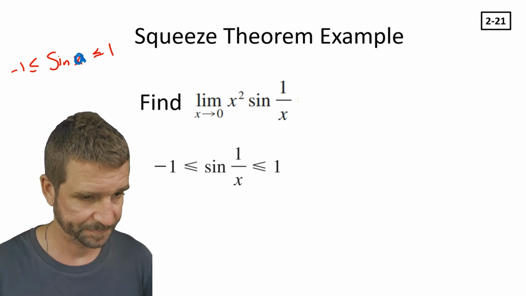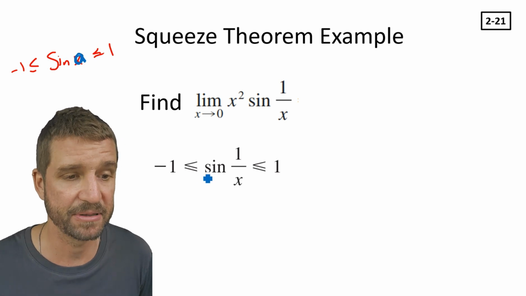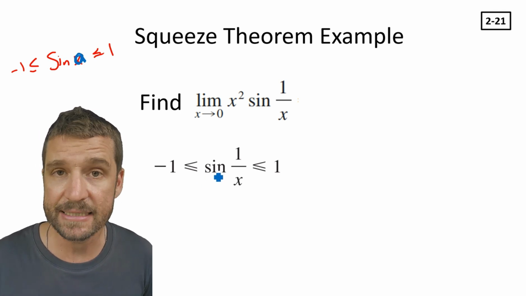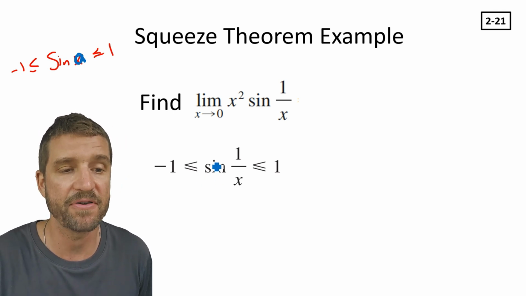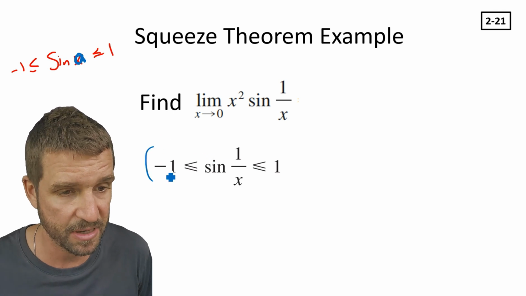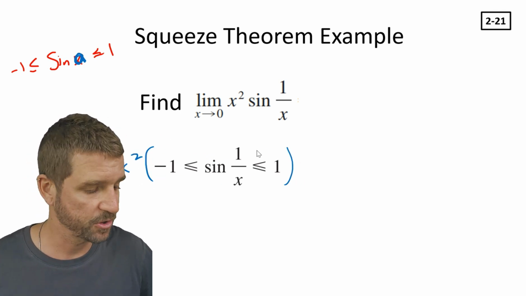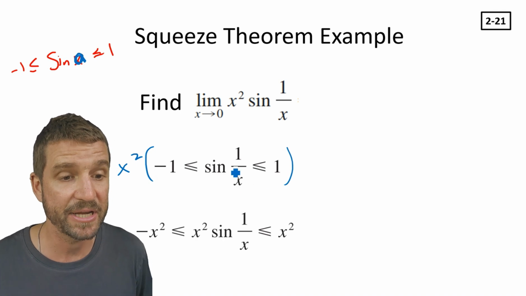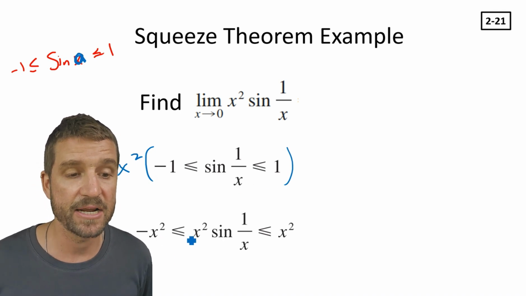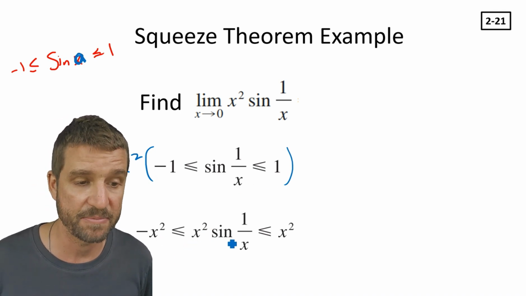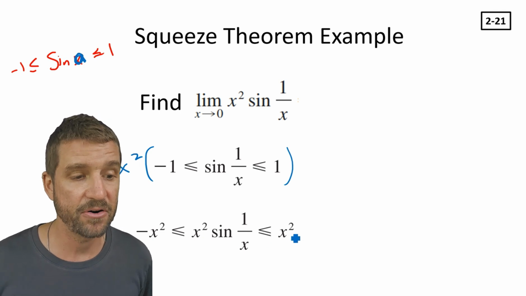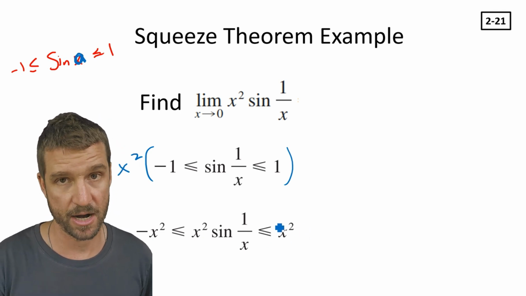All right? So now that we've established that, the next thing we can do is multiply everything by x squared. So I'll multiply the left, the right, and the middle by x squared, and we will get -x squared is less than or equal to x squared times sine of 1 over x, less than or equal to x squared.